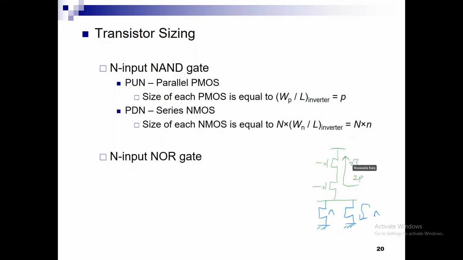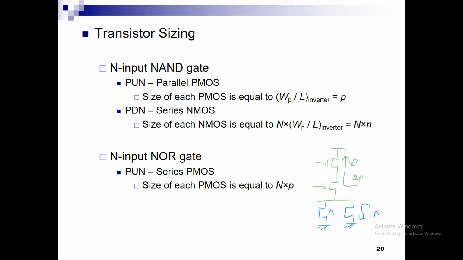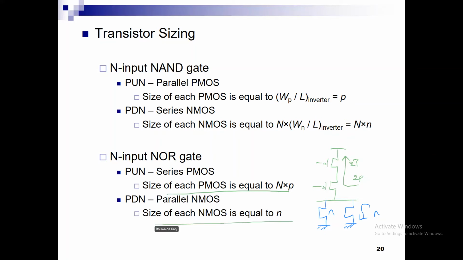Okay, so for the NOR gate, the size of each PMOS is equal to N times P for the N-input NOR, and the size of each NMOS is equal to N, where we said clearly that for the inverter, I have the P sized P and the N sized N. We're talking here in relation to the CMOS inverter, where this is N and this is P. This number is what is being used in these equations here.